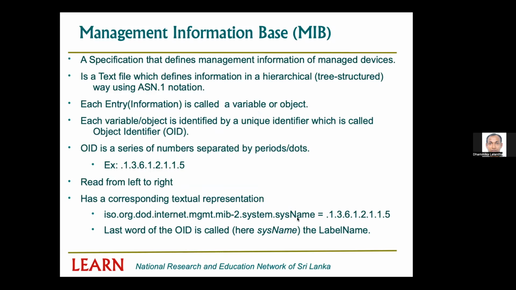This is the complete textual representation, and this is the OID. It is very easy to remember the name rather than this OID, and that's why we are using those label names.